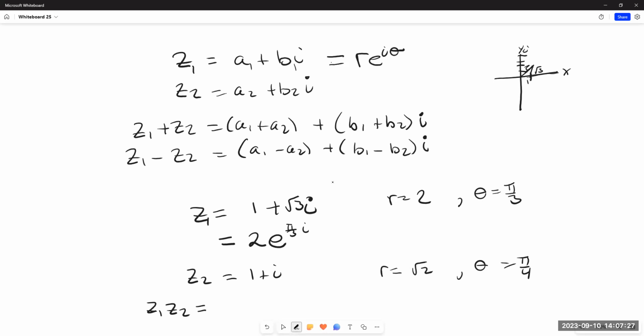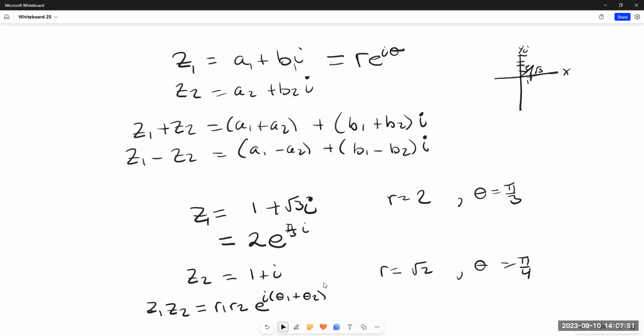That would be really hard to do in rectangular. I'd have to FOIL, and I'd have to keep track of all my real parts and my imaginary parts, but I don't have to do that with this. This is just going to be R1 times R2 and e to the i times theta 1 plus theta 2, because when we multiply like bases, we add the exponents.